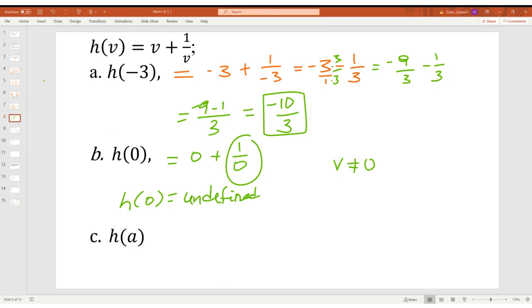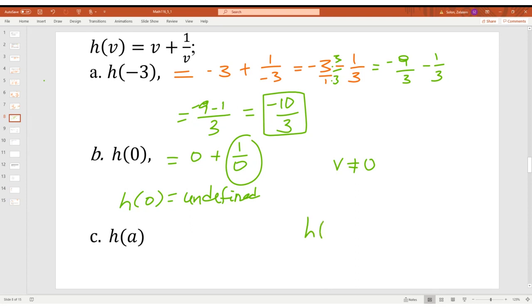H of a. What it means is now a replaces v. It can be a number, it can be a variable, it can be an expression. Sometimes it can be a symbol. Okay? I can say, for example, h of star.